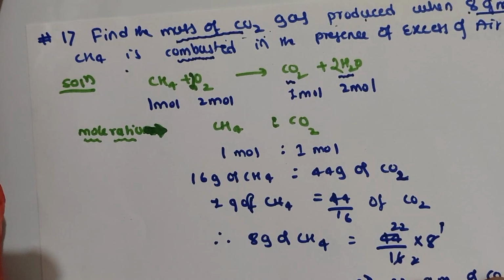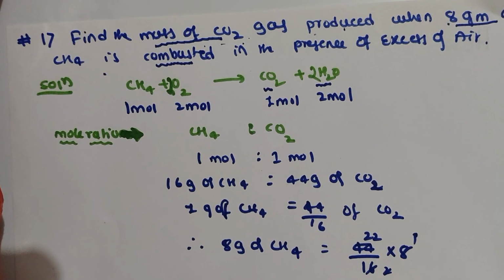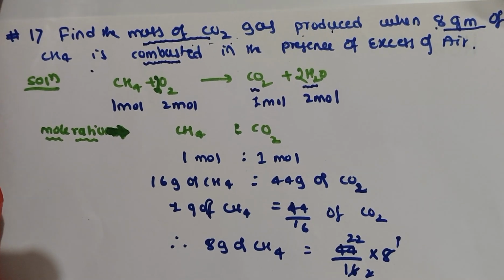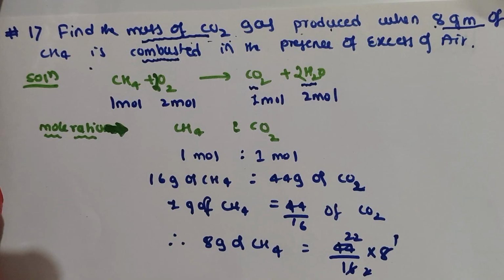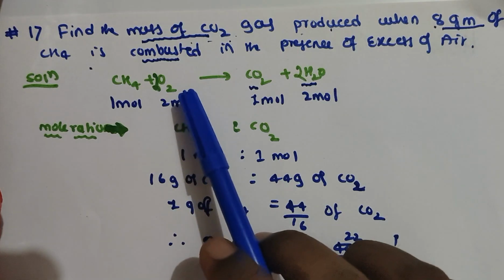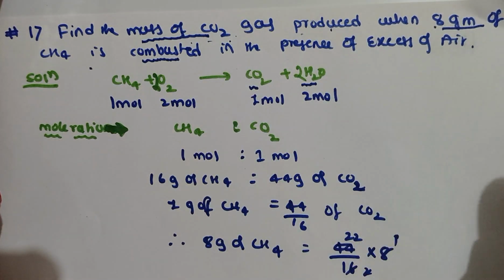As the first numerical, a very important part of the video, that is the numerical part. First numerical: find the mass of CO2 produced when 8 gram of CH4 is combusted in the presence of excess air. Here a combustion reaction is given, that is, combustion of methane.